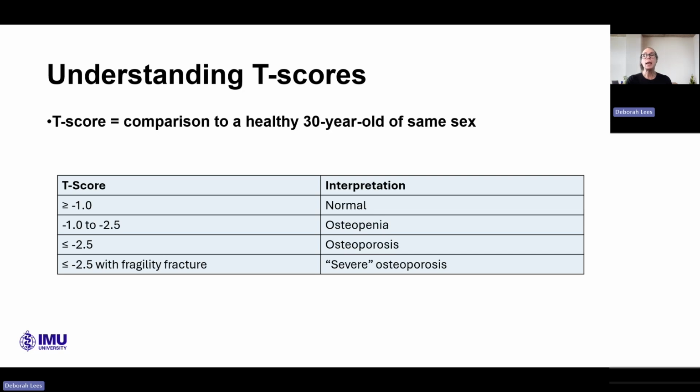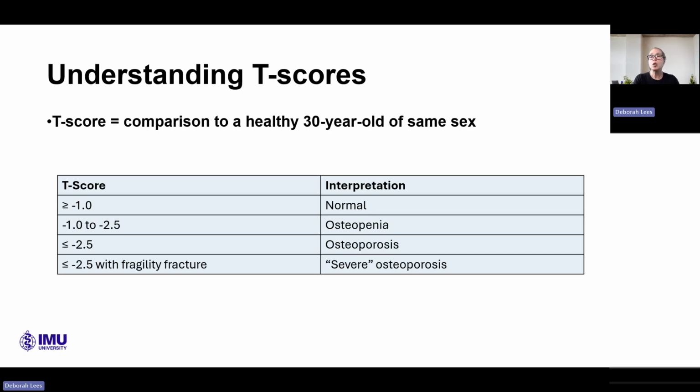It does depend on the mechanism of the ankle fracture. Obviously, if someone was jumping out of a second-story building and they have an ankle fracture, that's not really considered a fragility fracture. But if someone is walking, turns their ankle over and ends up with a fracture, we'd consider that more towards the fragility end.